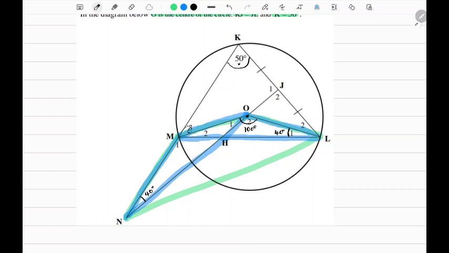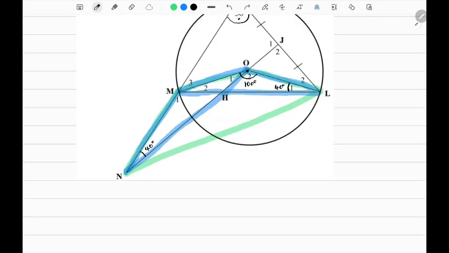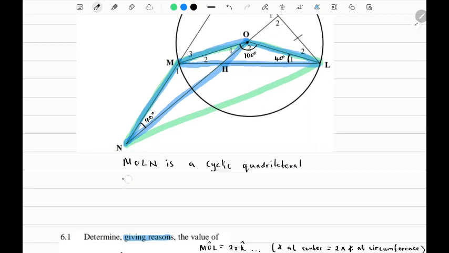If you were to imagine MNLO lying on a perfect circle, we can say that MOLN is a cyclic quadrilateral since angle N is equal to angle L1, which is equal to 40 degrees.